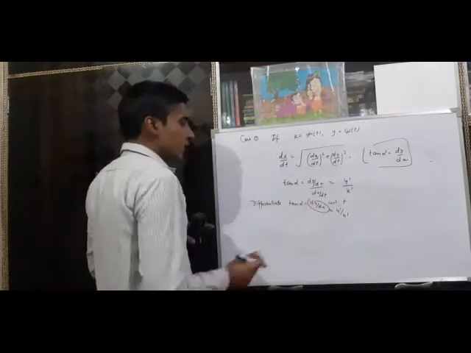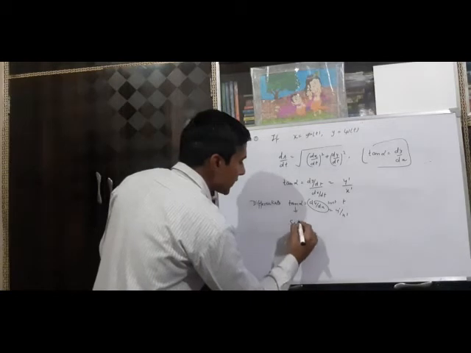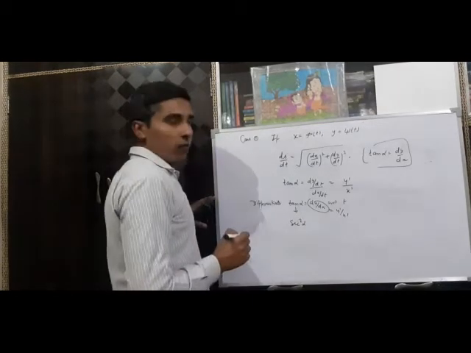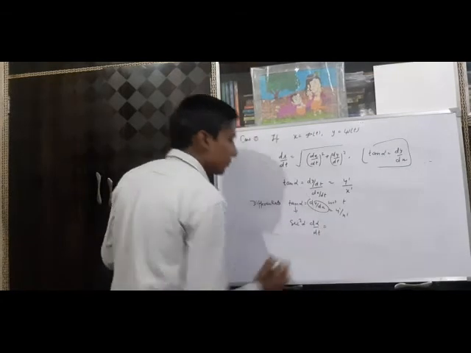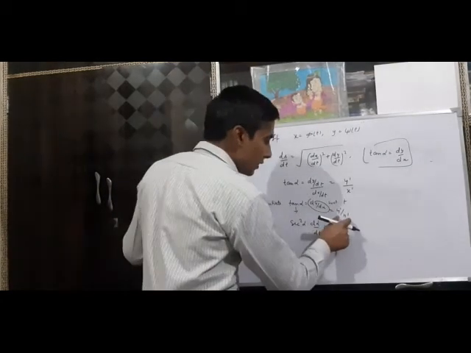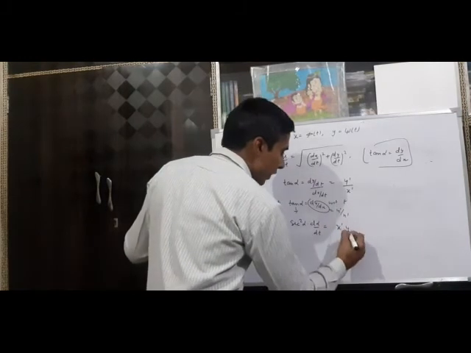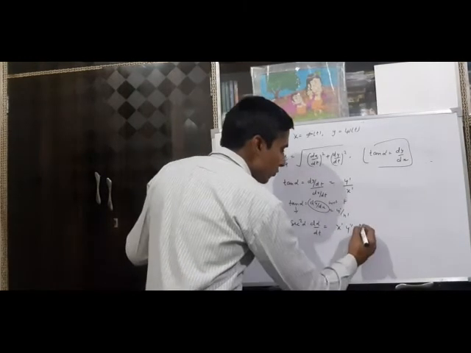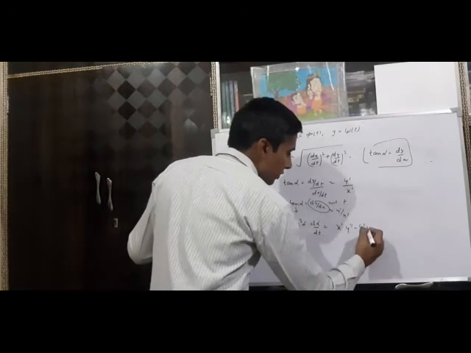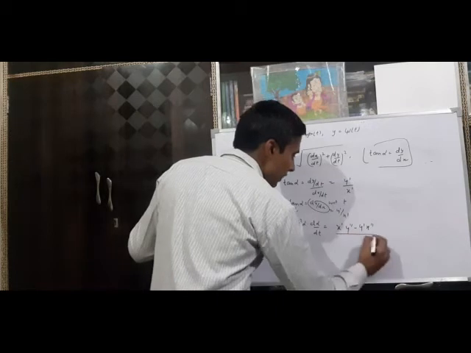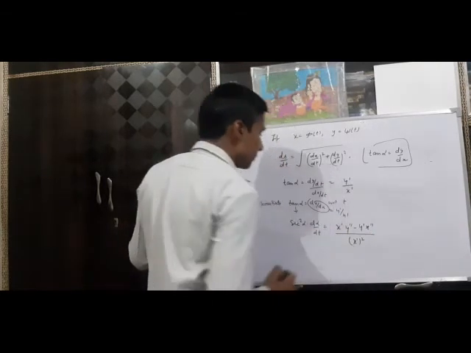If we differentiate it with respect to t, from the left hand side we can rewrite it as sec square alpha times d alpha by dt, and on the right hand side the differentiation is x prime times y double prime minus y prime times x double prime, and in the denominator x prime whole square.